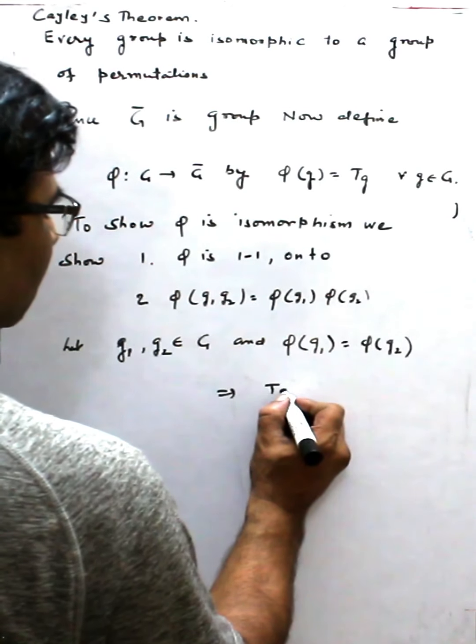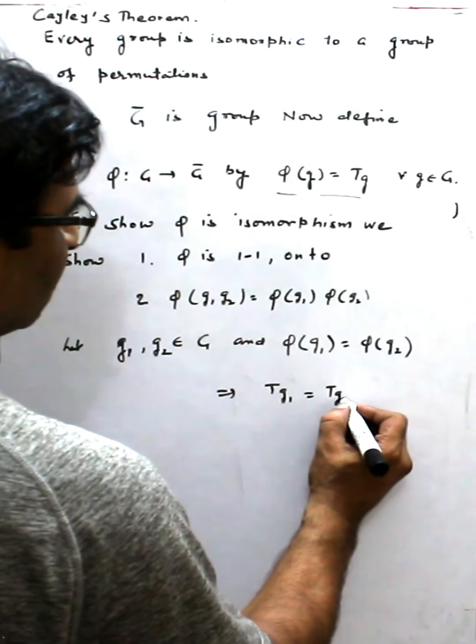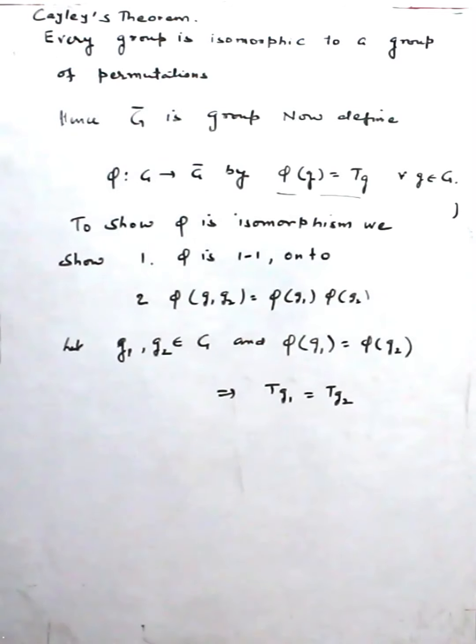This means Tg1 by definition is equal to Tg2.